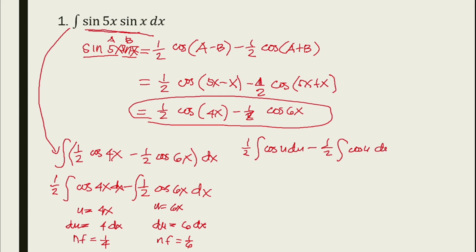Here, 1/2 the integral of cos u times our dx, which is 1/4 du, minus 1/2 the integral of cos u times 1/6 du.